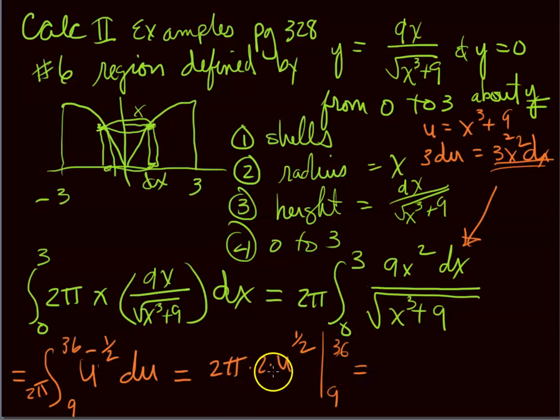So this is, let's see, it's really 4 pi, u to the 1/2. Plug in a 36, square root of that is 6 times 4. 6 times 4 is 24 pi, minus, plug in a 9, square root of 9 is 3, 3 times 6 is 18. 24 minus 18. Now I'm getting confused, did I do it?